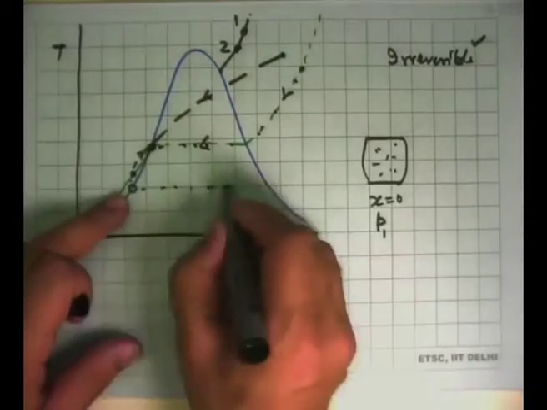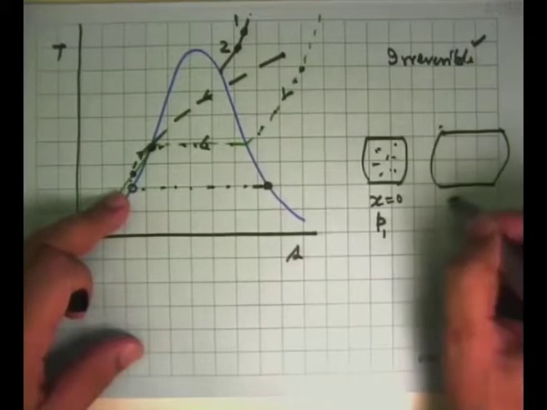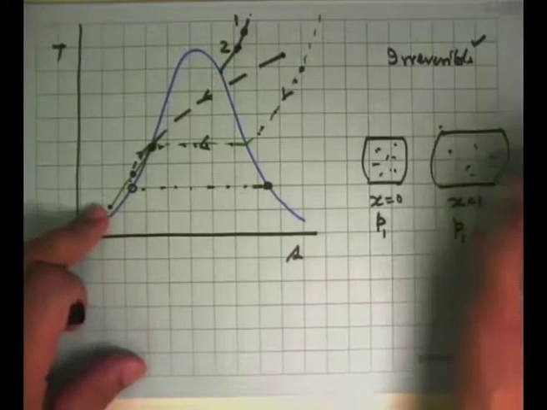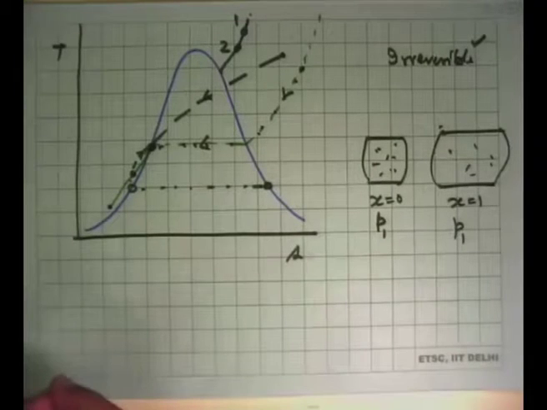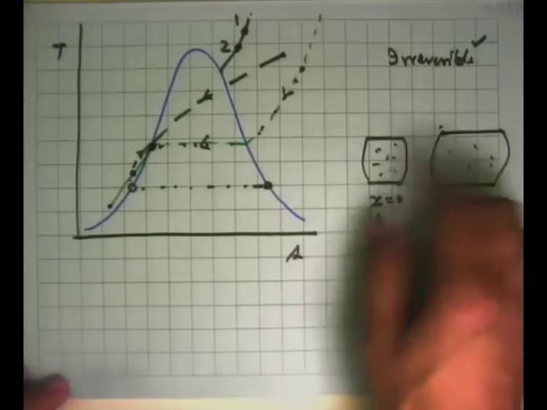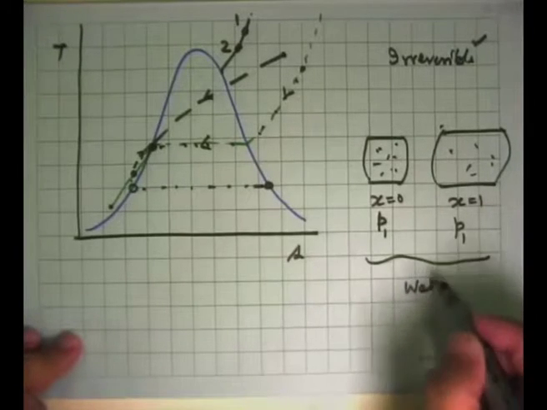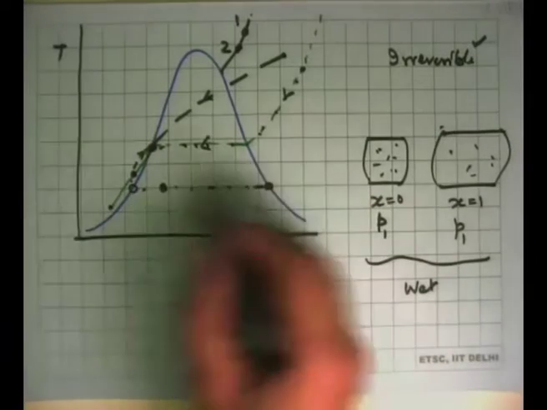Then you have another vessel at this state where x is equal to 1 at the same pressure, dry saturated vapor. And now we mix the two. It is adiabatic, there is no work transfer involved. Say we just have a valve in between which was opened up. It got mixed and the final state of the mixture was wet. So this could have come somewhere over here, here, there, wherever it may be.